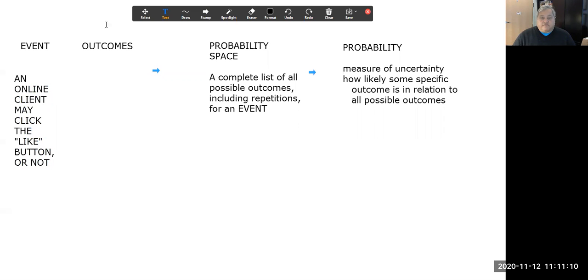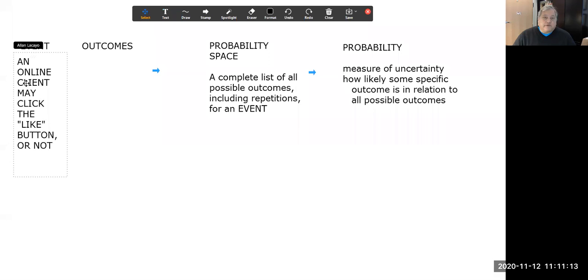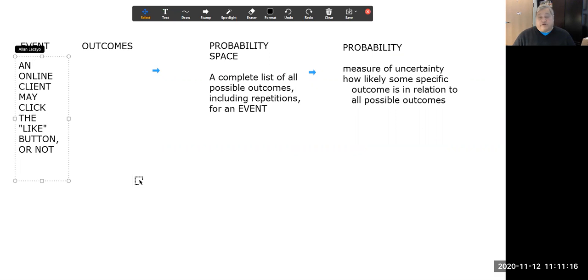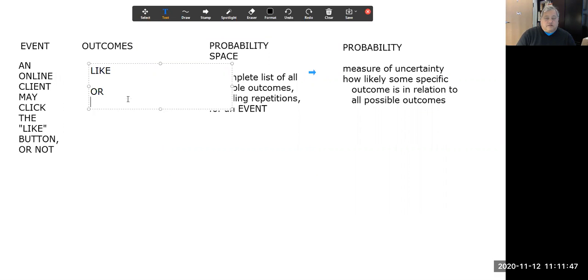So that could be an event, some event that may be very interesting to a company such as Facebook, or such as Twitter, or such as Google, or any online media company that's tracking human behavior by determining how much preference there is for a particular idea or product or service based on how many people like something versus not. And the outcomes are like or not like.